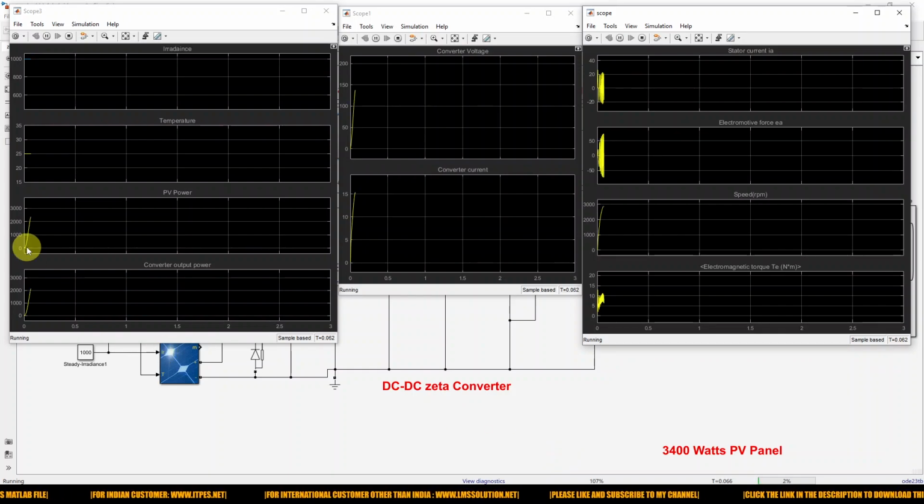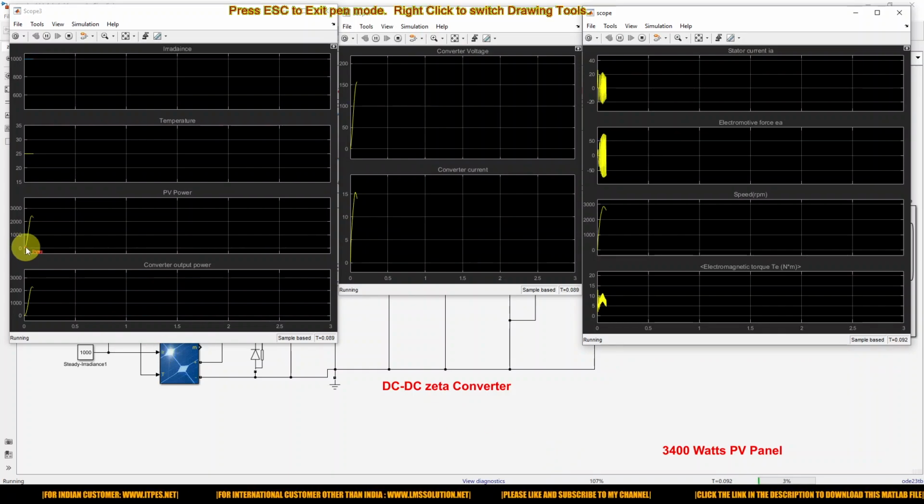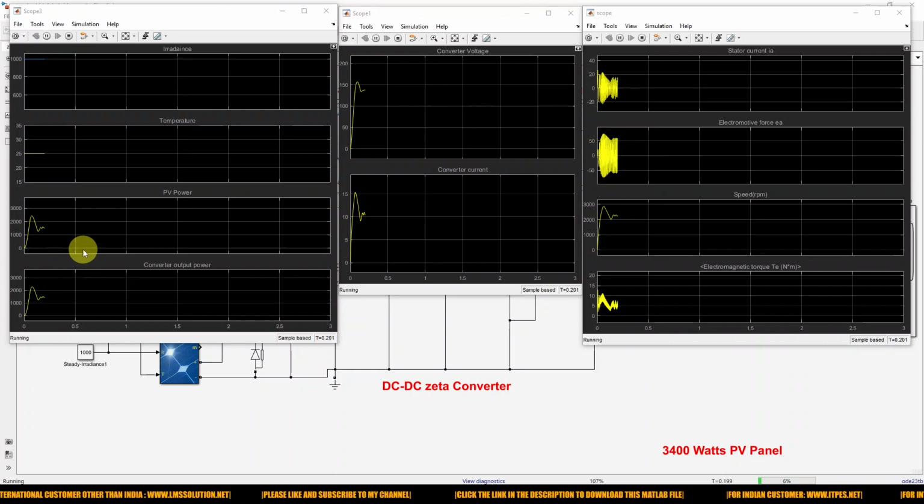So here you can see that this is the PV power. Initially it's trapped at a local point and then again it's increasing. PO tries to track the maximum point, but it takes some time, right?